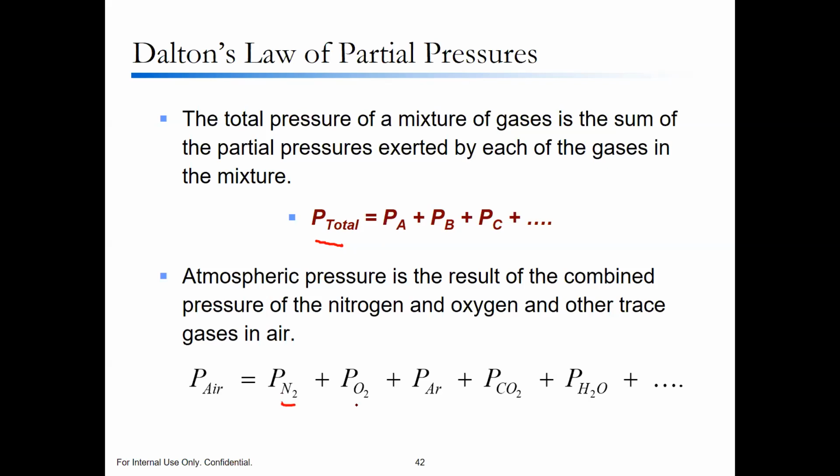We have nitrogen, oxygen, CO2. So what's the total pressure? The pressure of nitrogen plus the pressure of oxygen plus all these other pressures. When you add up all the pressures, that's going to give you the total pressure when you're talking about a mixture of gases. So look at the individual pressures, add them all up. That's going to give you the total pressure.